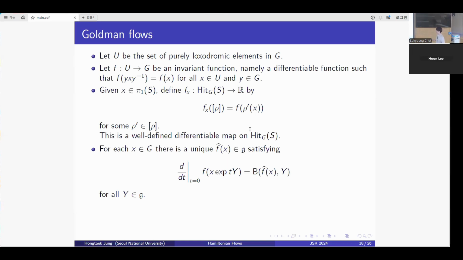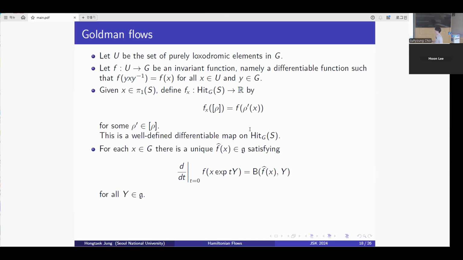For each x in G, there is a unique element in the Lie algebra satisfying the following condition. What is it? You just move slightly from your point x and take the first derivative.